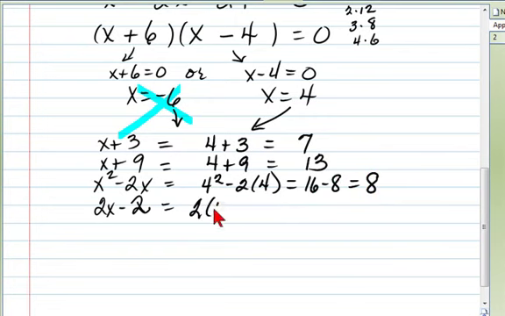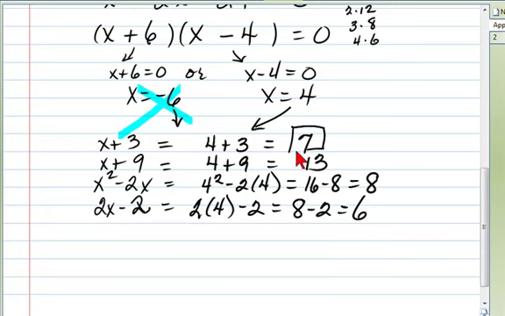And finally, 2 times 4 minus 2, which is 8 minus 2, or 6. Are those all legitimate values that could be lengths of sides of a figure? And if I add them all up, I will get the 34 that it told me the perimeter would be. So in my MATLAB, your answers will be these numbers.